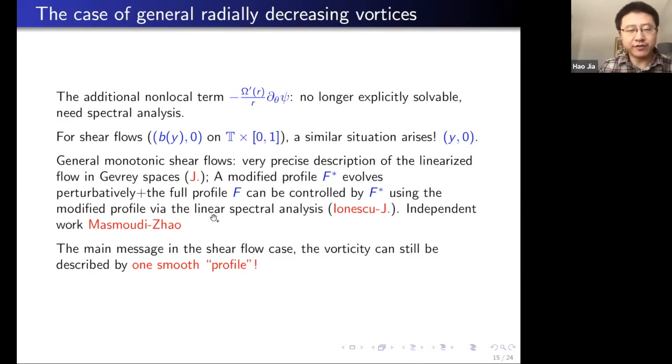The message is that in the shear flow case there is a significant difficulty due to the appearance of a non-local term at the linear level, but we were able to overcome it. There's still a smooth profile: you have a loss of regularity on the vorticity level, but by making a change of coordinates you get a smooth profile and can get the nonlinear analysis done.